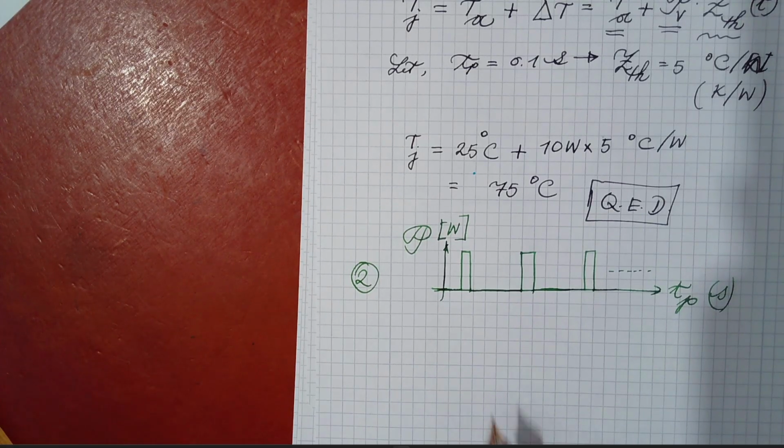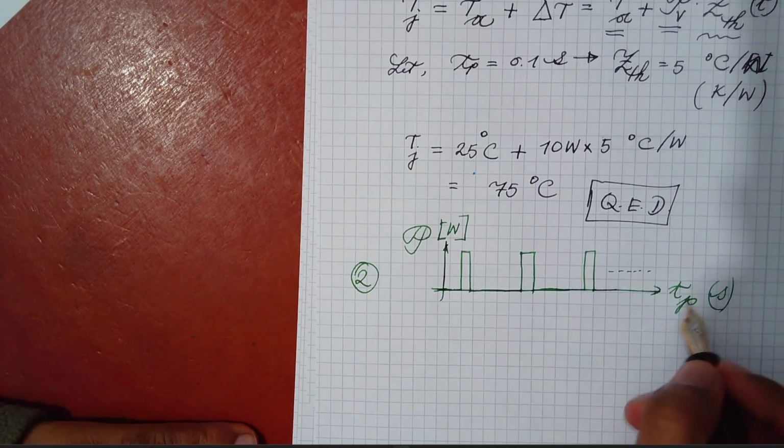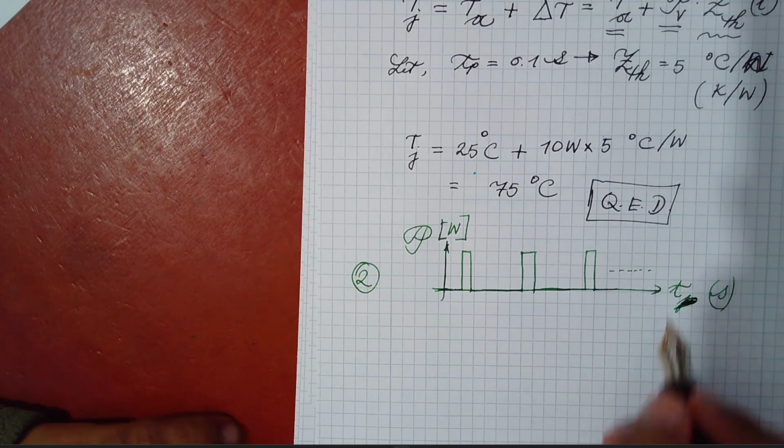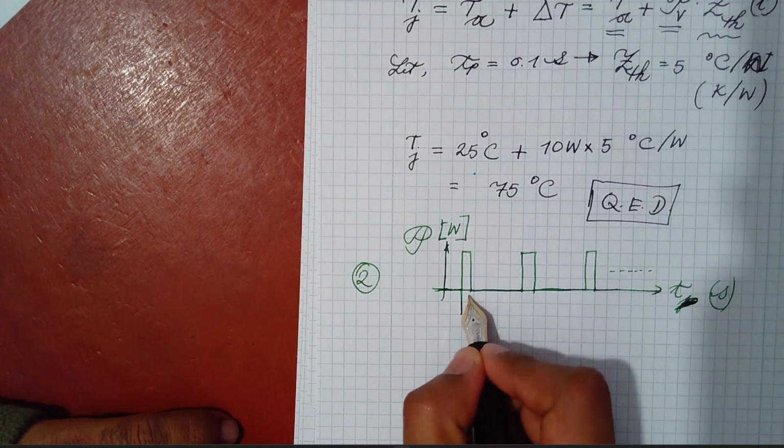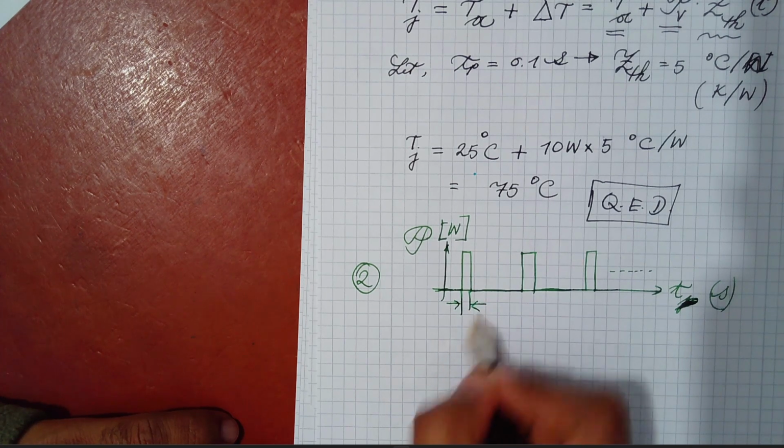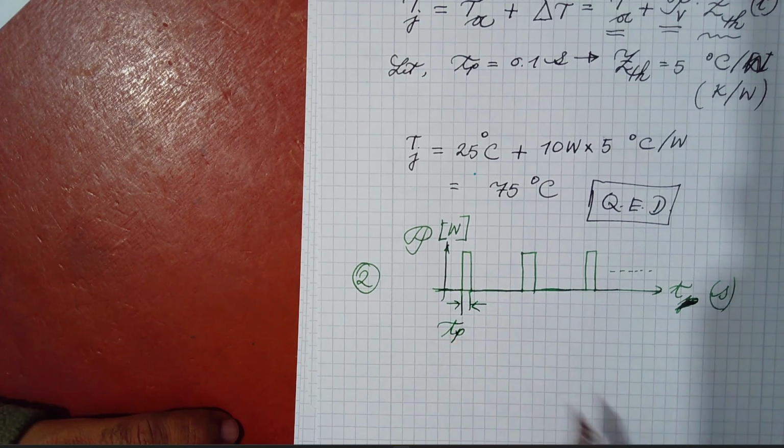Let's continue with the calculation. So I think this is better to represent as a general term T, because our TP would be then this width, TP.